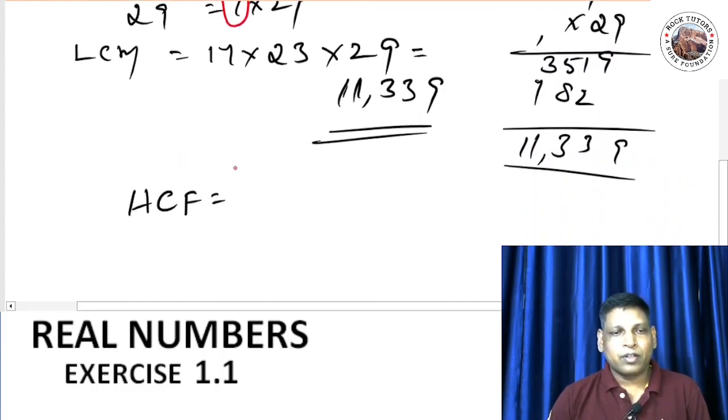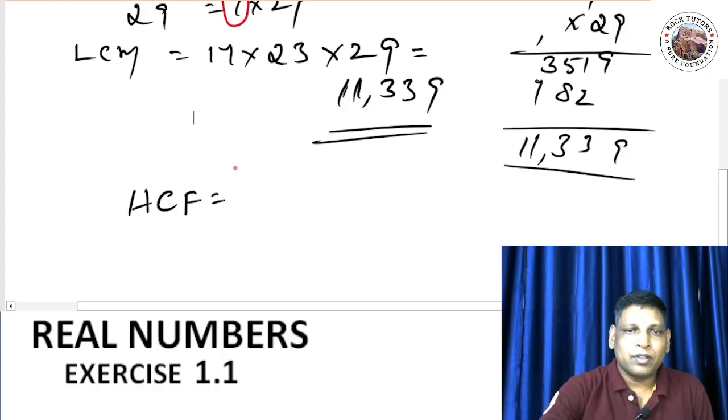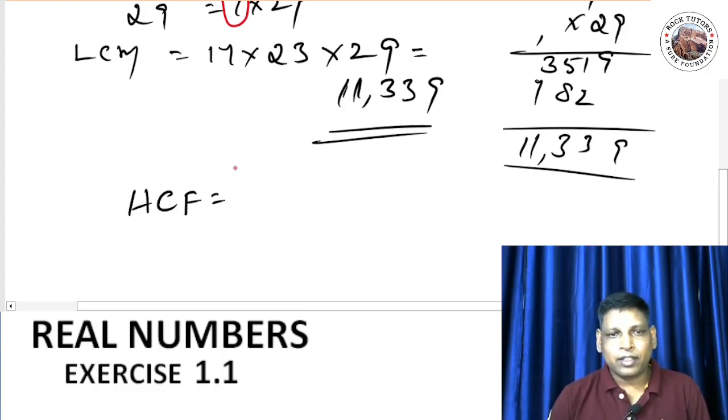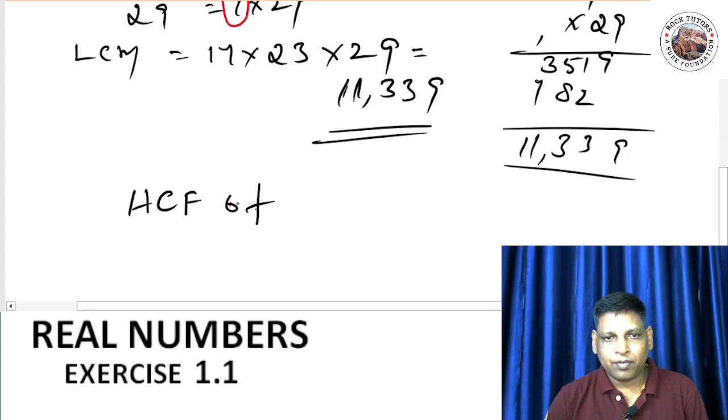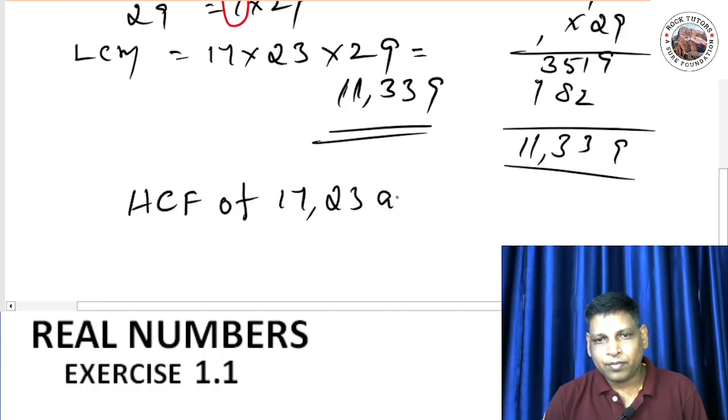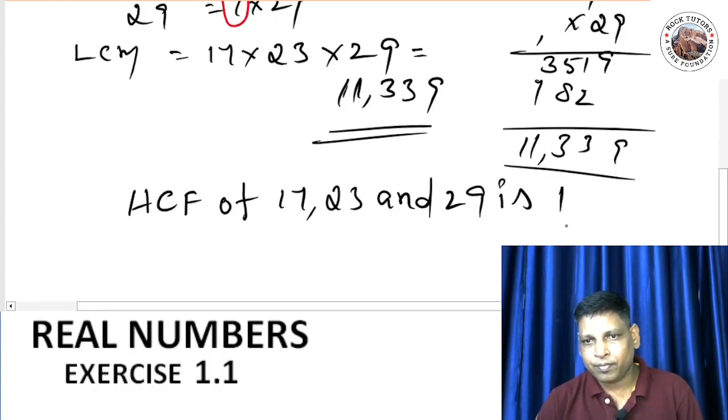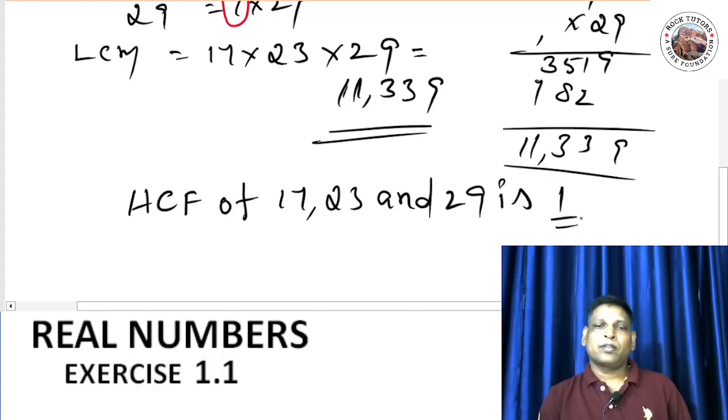HCF of 17, 23 and 29 is 1. This is the HCF of these numbers.